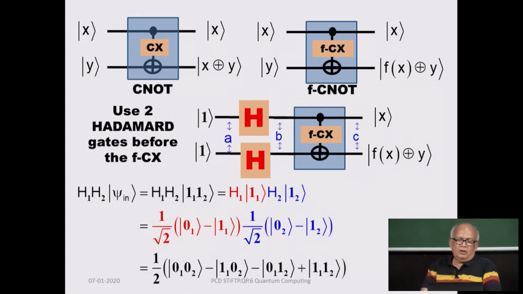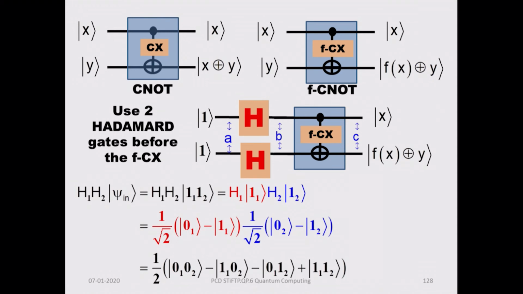So, you have the 2 Hadamards on the input 1 1. You begin with input 1, both the qubits in state 1. So, you have H1 and H2 on 1 1. This is an unentangled state, so the operators would operate on those independently without affecting the other qubit.